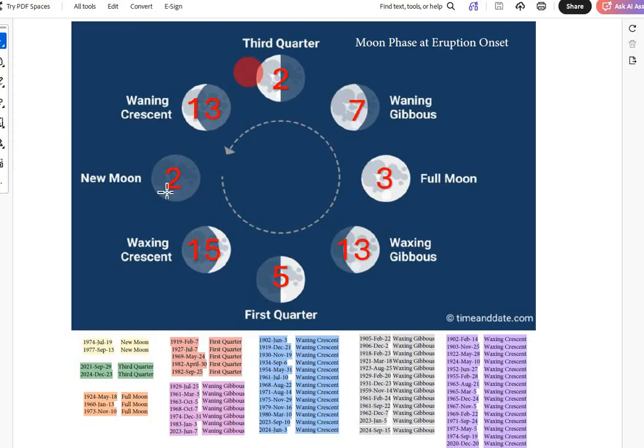So coming into the new moon and coming out of the full moon, there were definitely more eruptions in these Kilauea systems, and more or less the same thing coming in and leaving the full moon, although 7's really not much greater than 5. These are the 60 eruptions when they initiated, and like I said, some of them lasted weeks, but this was the initiation for the onset of these eruptions for 120 years. So there's definitely some statistical hump here.